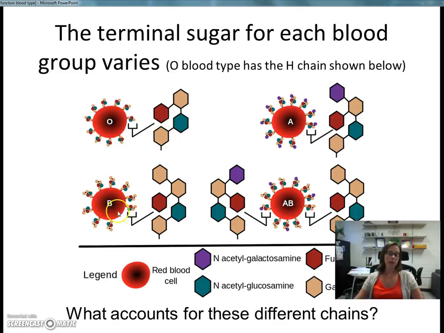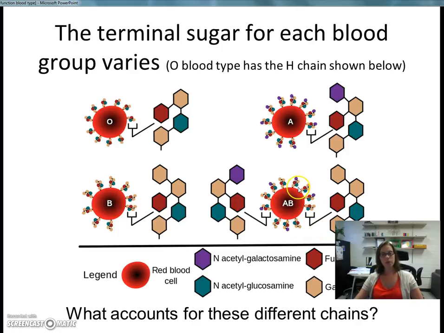A B allele of that gene is going to have that same H chain, but it includes a terminal galactose sugar. An A blood type has the H chain, but includes a N-acetyl-galactosamine terminal sugar. And if you have AB blood type, that means that you've inherited one A and one B gene, and you'll have both of these sugar chains, the A and the B, on your red blood cells.